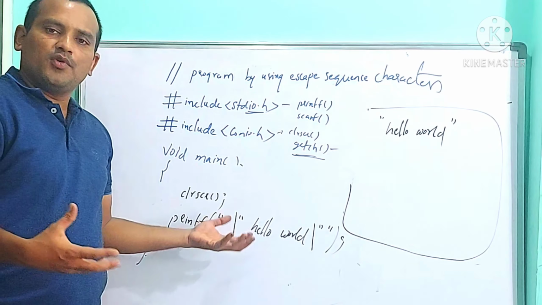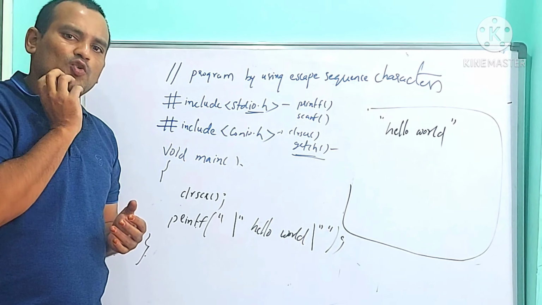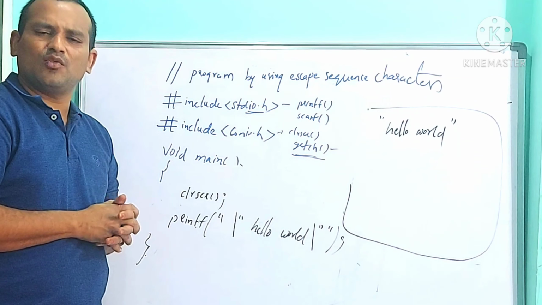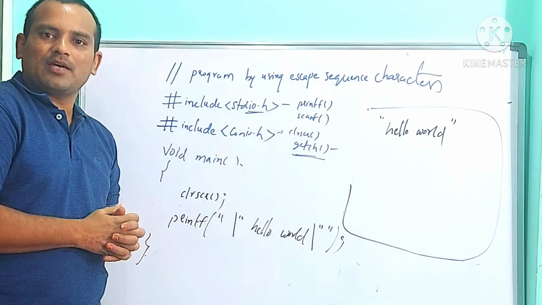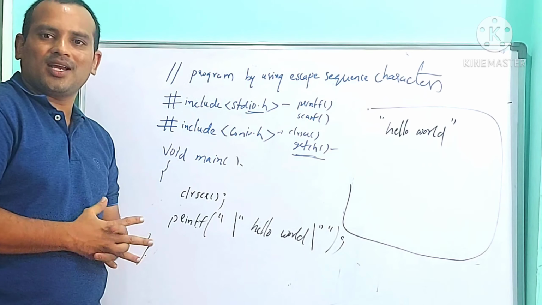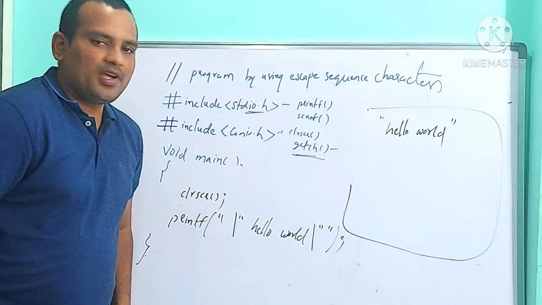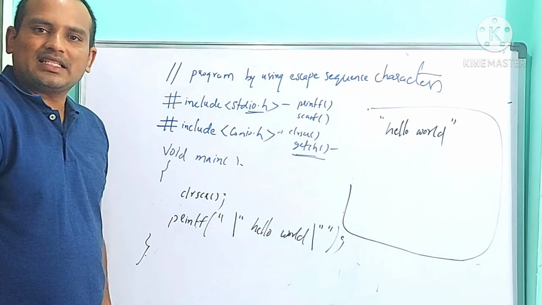These are a few types of escape sequence characters we generally use in every program. Generally we use slash n, which is called the new line escape sequence character, and slash t for horizontal tab. So this is the way of writing a program by using escape sequence characters.